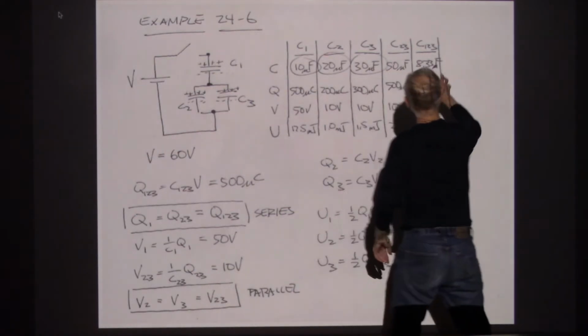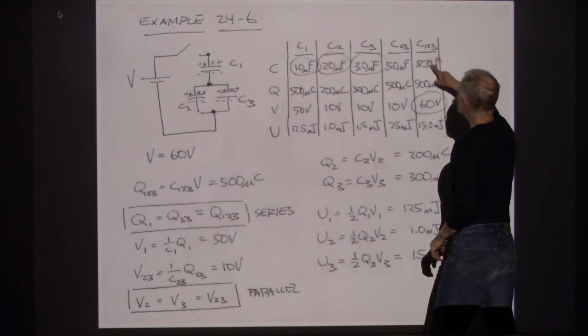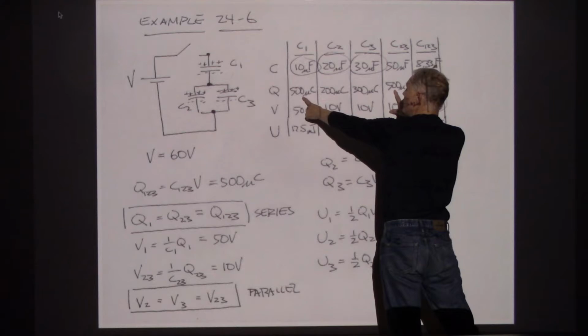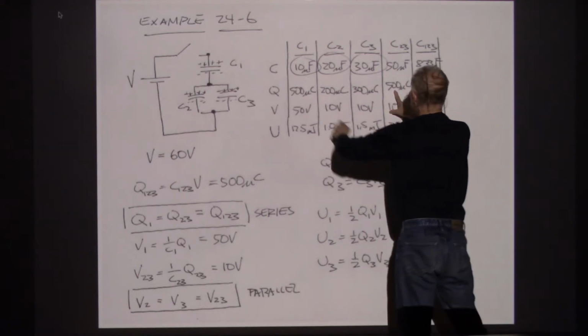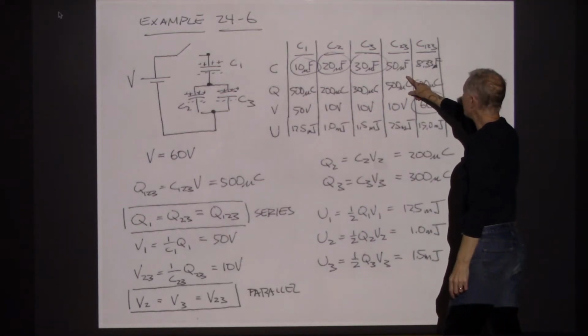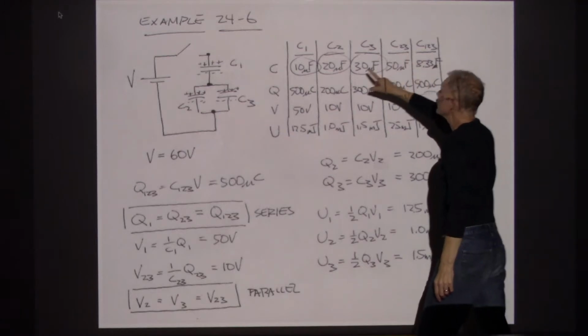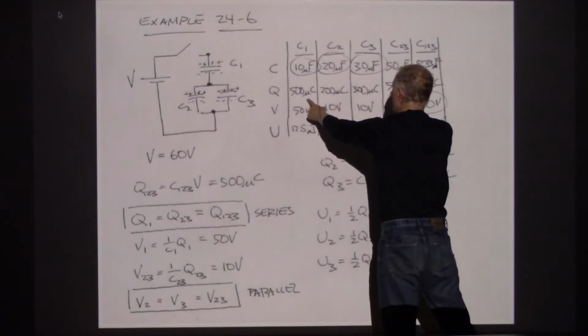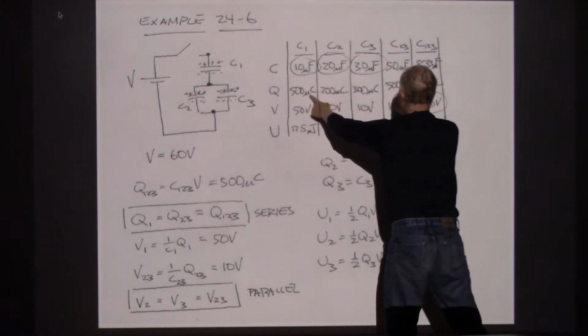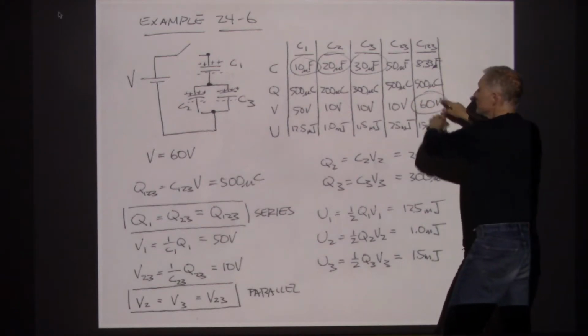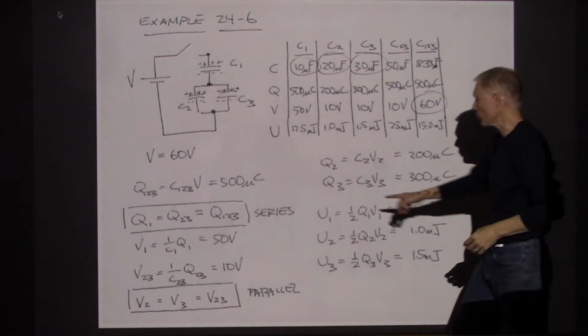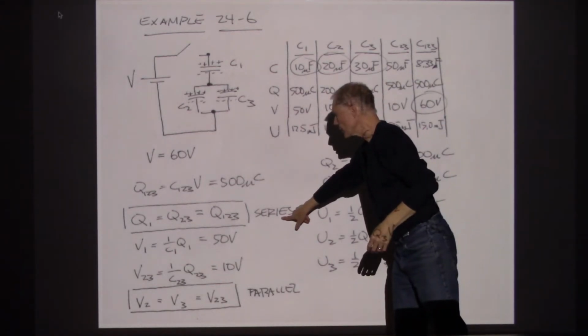What I can do is say, well, if C123 is at 500 microcoulombs, so is anything in series. So that says 500 microcoulomb, the C23 and the C1 will have the same charge as C123 because they're in series with each other. And I wrote that down right here.